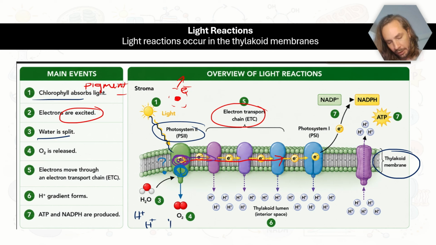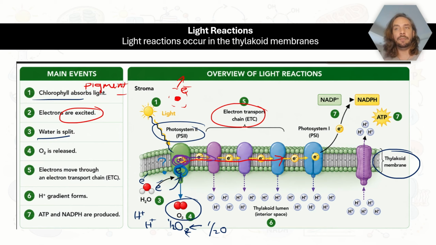We get half an oxygen, just 1 oxygen, but it will immediately bind with another oxygen to form oxygen gas. But it also releases 2 electrons, so that missing electron is now replaced. We get those electrons from water.